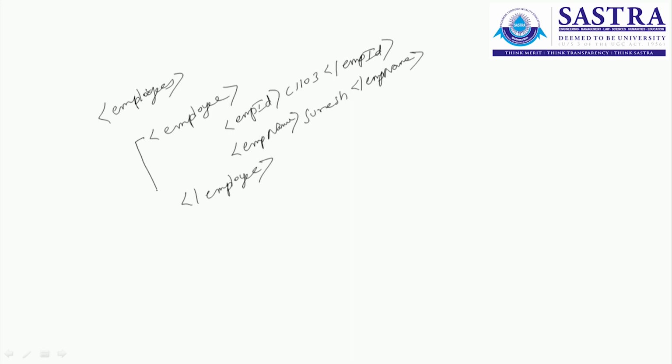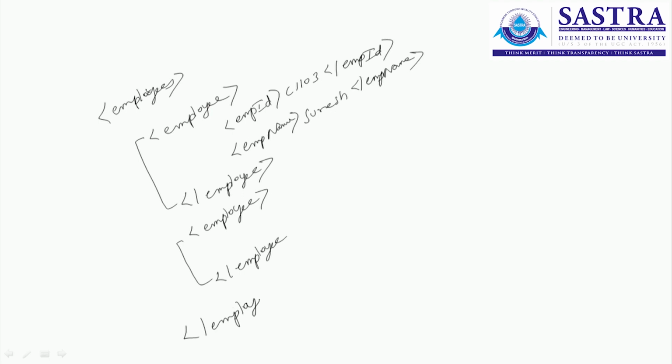This is child 1, and it has been repeated again. Employee, slash employee. How many times has it been repeated in my XML?